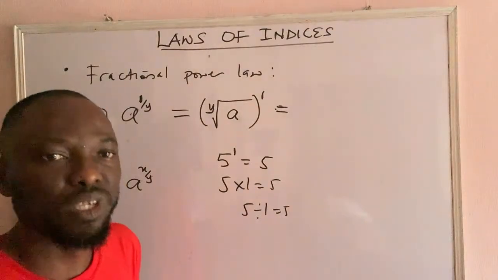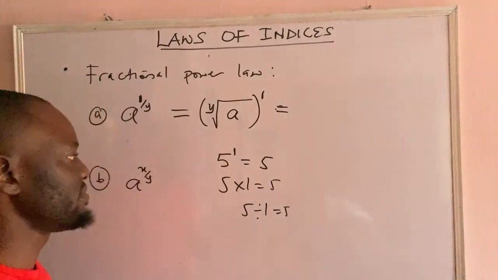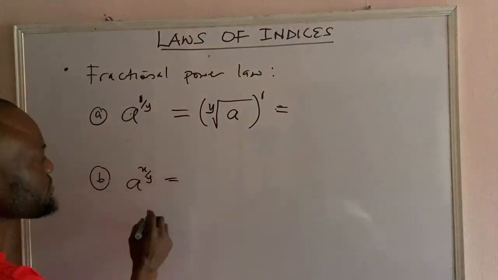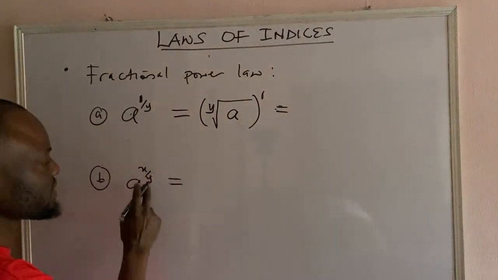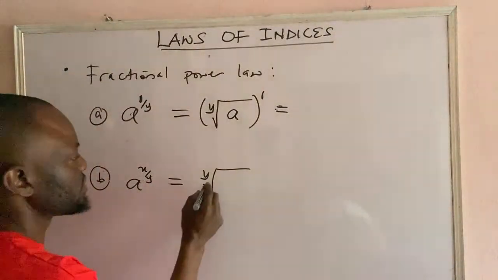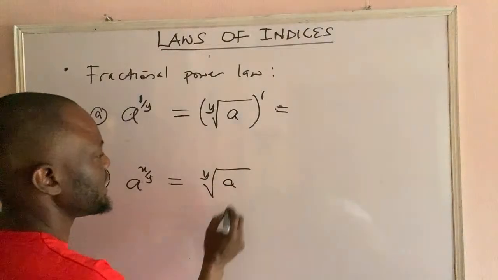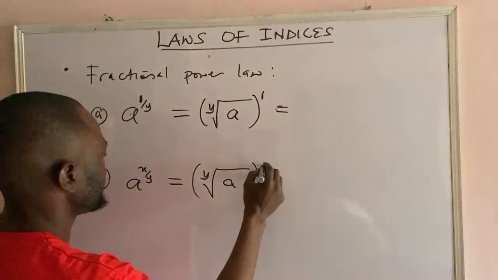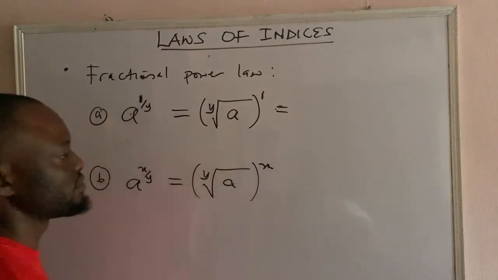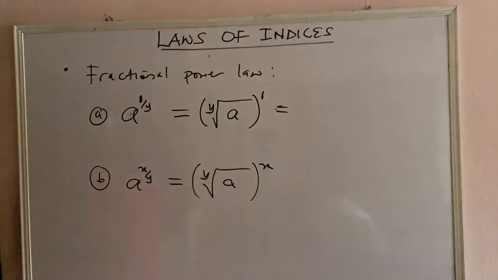If you divide anything by 1, you get back that same value. All right? So for the second condition, the fractional denominator, which is the y root of a, is all raised to the power of x, the numerator. All right, let's take a practical example.